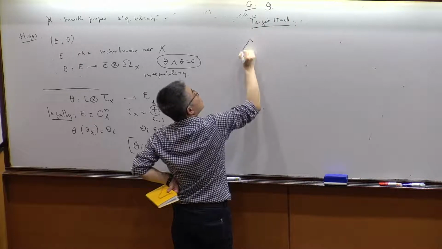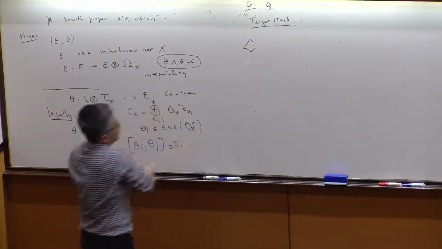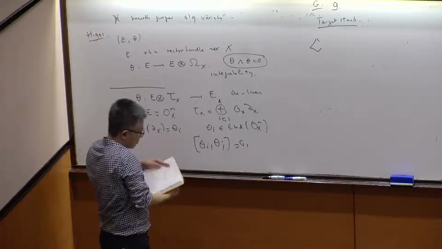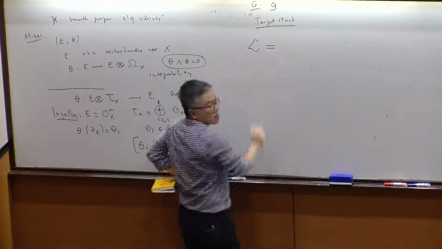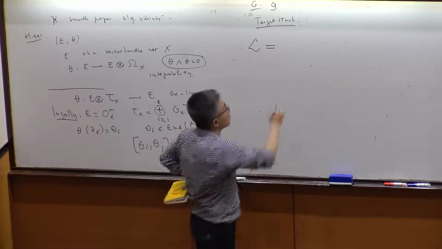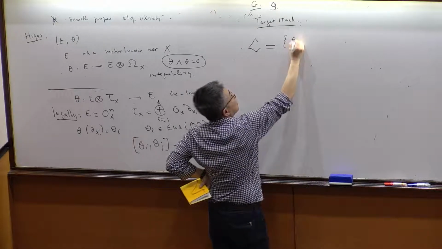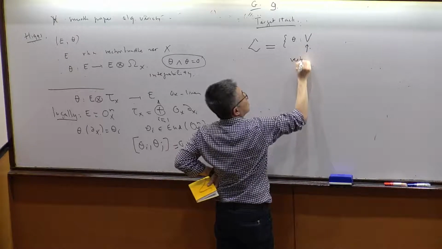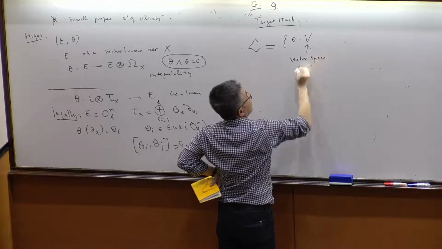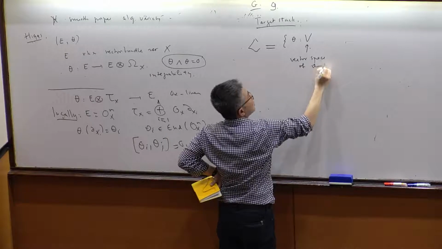Then you have the commuting variety C, the commutatorium, whatever, and you look at the stack of maps θ from a vector space of dimension d.